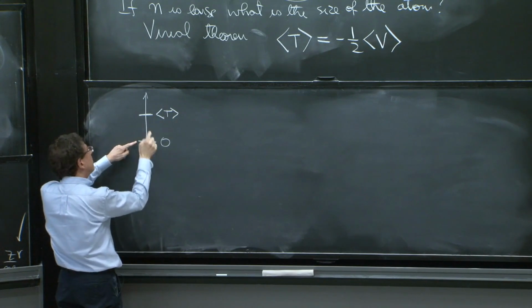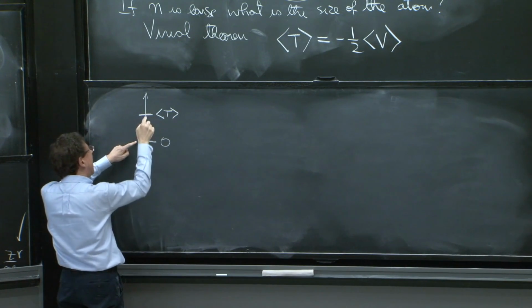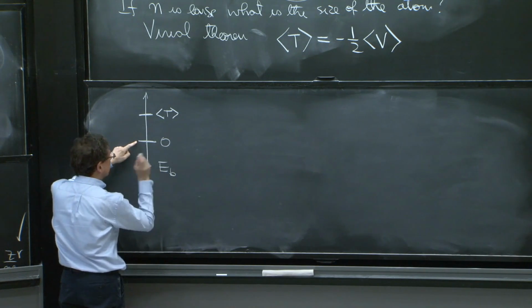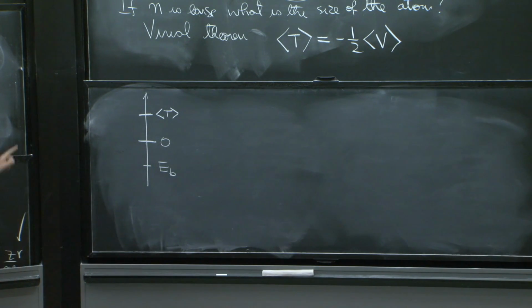And actually, the bound state energy is exactly the same, but opposite. That's a way to remember that. That's really what is going on. That's the key thing. The kinetic energy and the bound state energy are just of opposite signs.